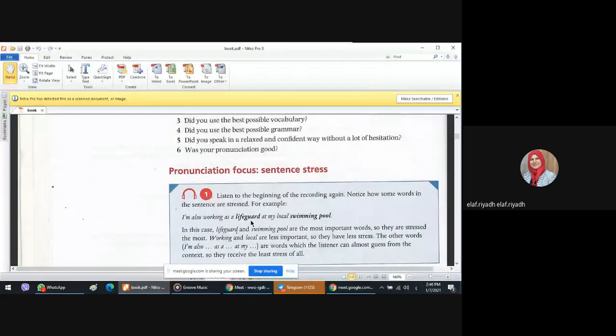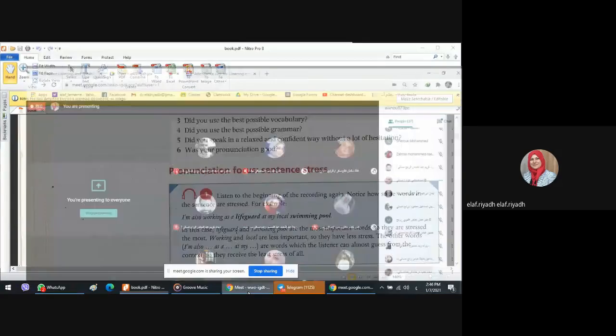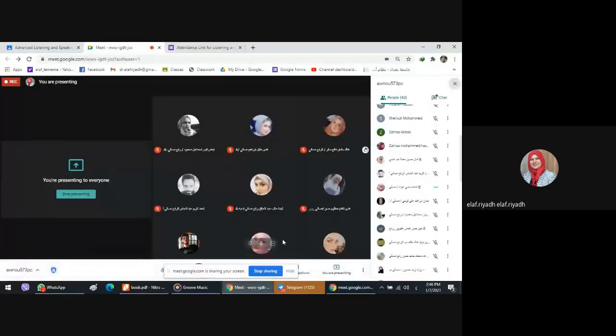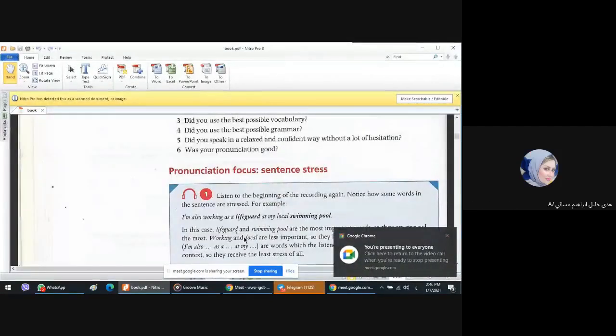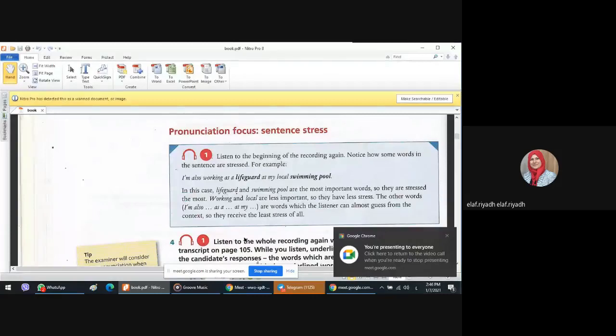Sentence stress is the focus on the vowel or the syllables of the vowel, if we have maybe two or three syllables in the same word. So I want someone to read. Huda, can you read, please?